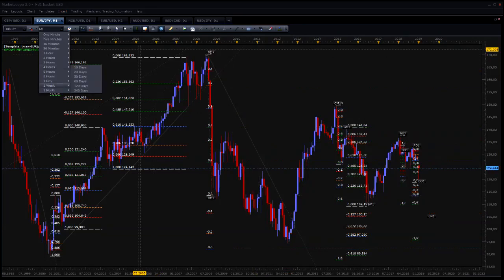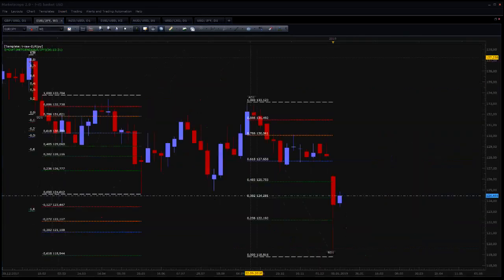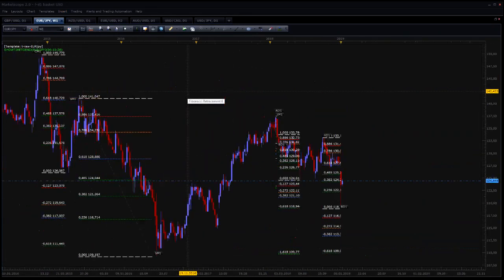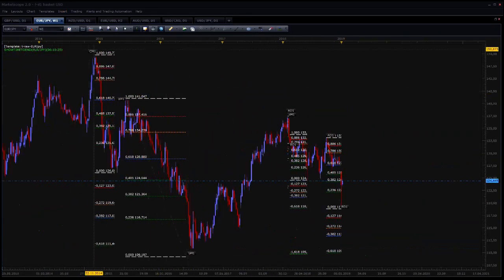So we switch to weekly, see what's going on, what we have. We are in a downtrend wave. This is from C. This is a smaller weekly downtrend wave.